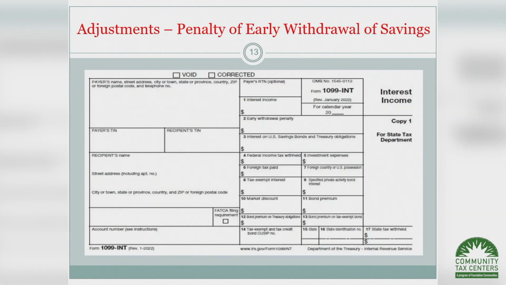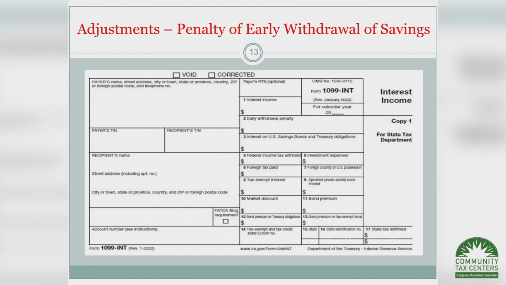Penalty on early withdrawal of savings. This is what that looks like. The law says if you're not 59 and a half and you withdraw money from your retirement account, then you have to pay a penalty on it. And it's called a penalty for early withdrawal.